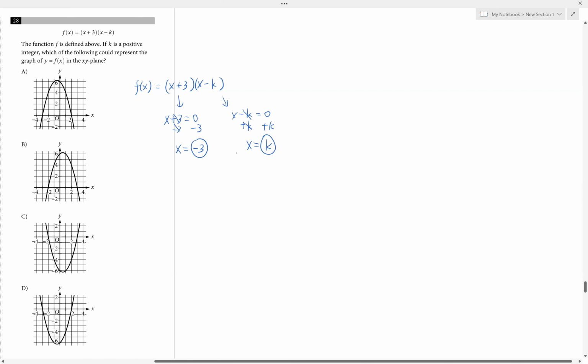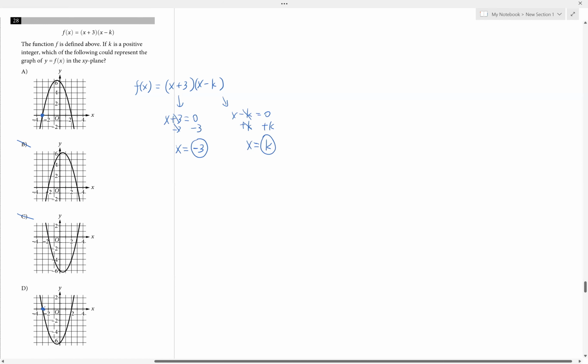So which one goes through -3? Let's look at all these graphs. A does, right? This point is -3. But B doesn't work because B goes through -2 and not -3. C goes through -2, right? So that doesn't work. And D goes through -3 right there, so that's good.